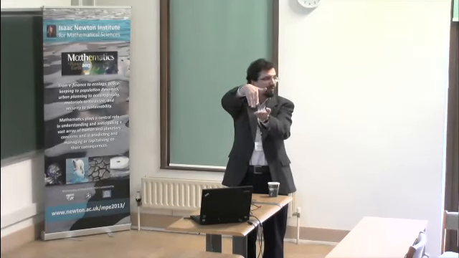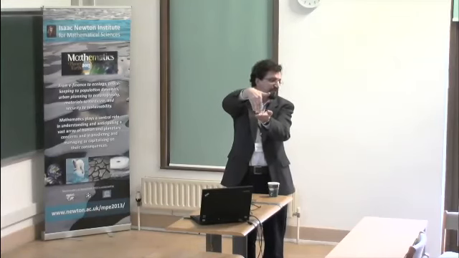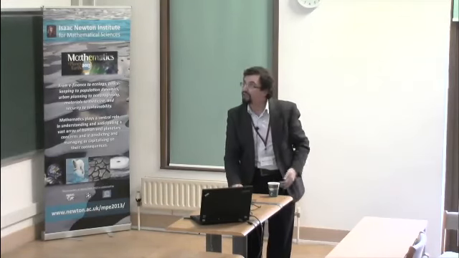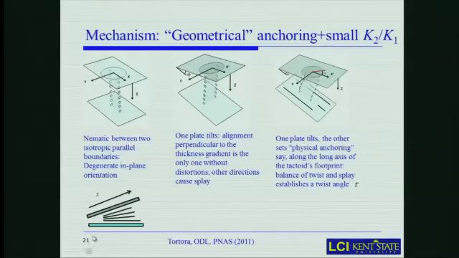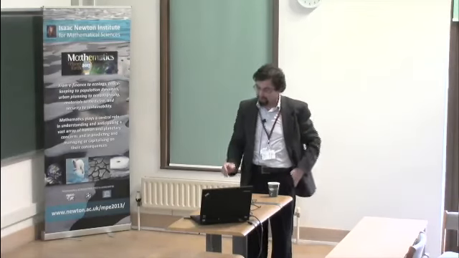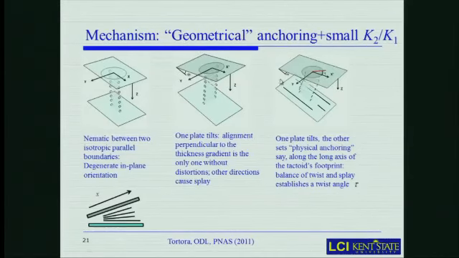But now if you tilt the top surface with respect to the bottom, then this degeneracy disappears because there is, generally speaking, a splay of the director, and this splay does not appear only when the director is perpendicular to the gradient of the thickness. And now if you have the foot of the tectoid, which is an elongated thing at the bottom plate, that fixes the director at the bottom along this axis, but the tilt wants to realign it along the perpendicular axis, and you have a twist.